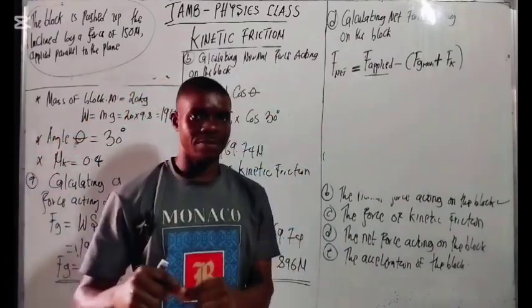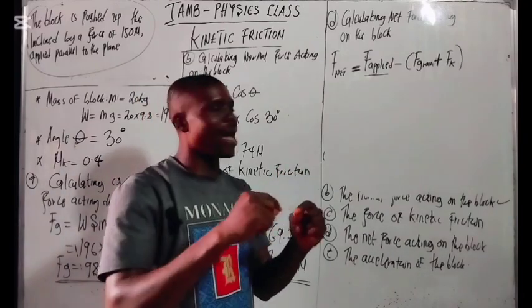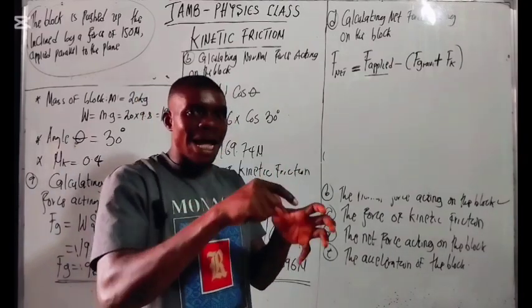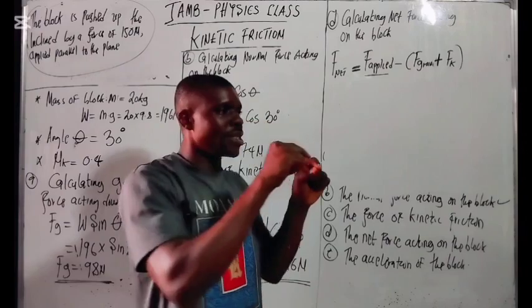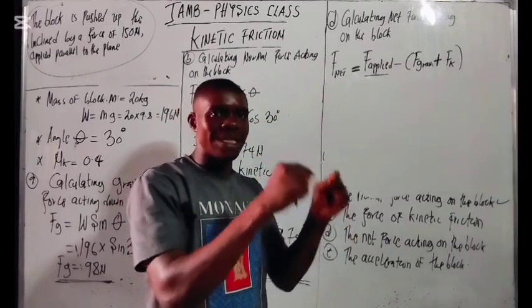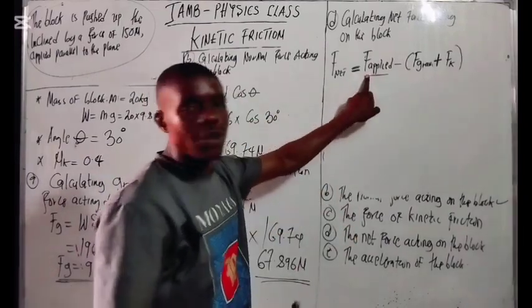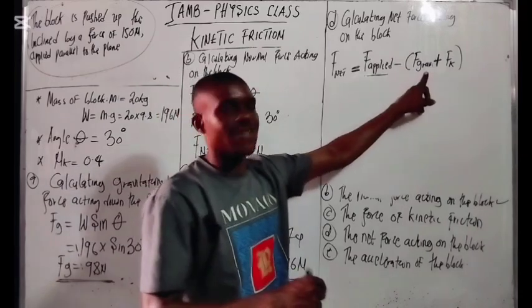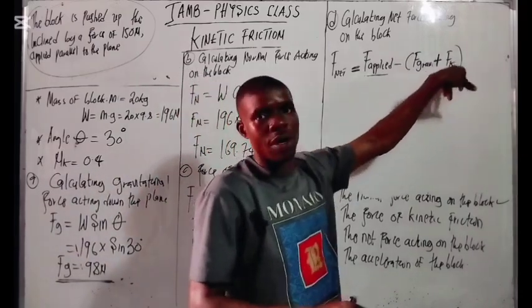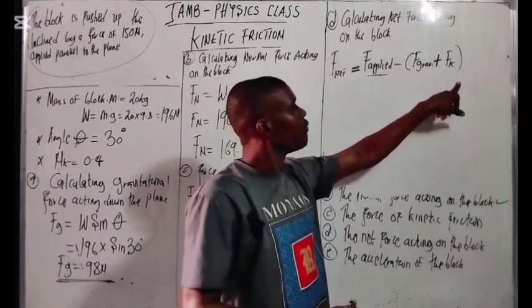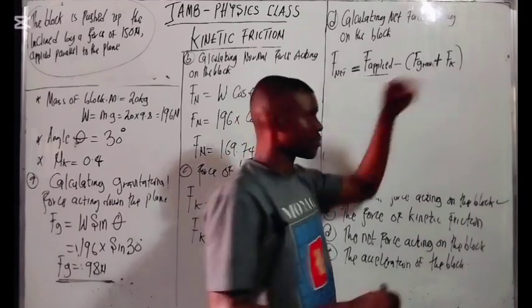on the inclined plane. So the net force that is applied on the object or the block on the inclined plane is the force you applied minus the gravitational force you have calculated plus the kinetic friction. Do you understand?